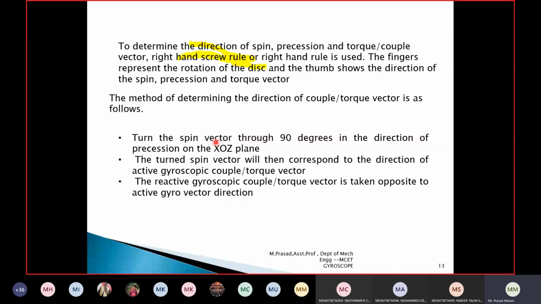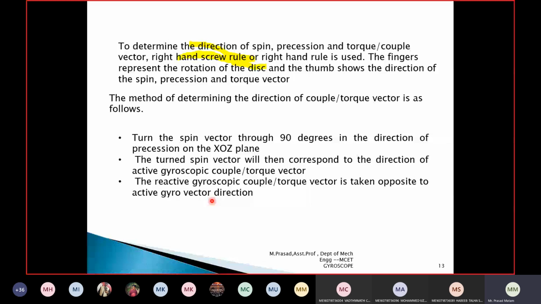First you have the spin vector; rotate it by 90 degrees in the XOZ plane and we get the gyroscopic, couple or torque vector. Then we consider the reactive couple, which is always taken opposite to the active gyro vector. In the problem I will explain how we get the active couple and reactive couple.